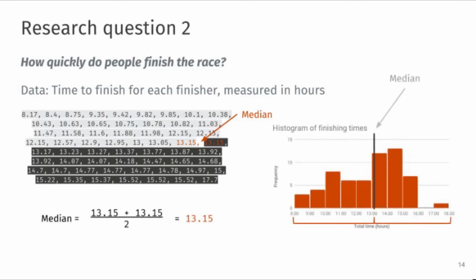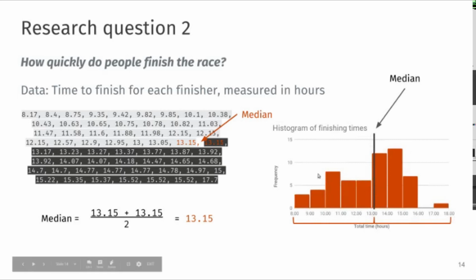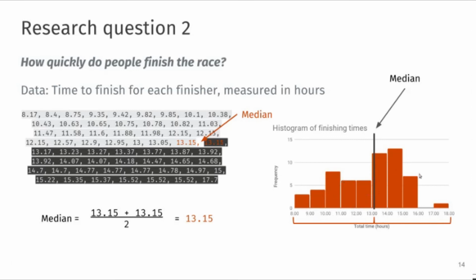And what we can do then is indicate using this grouped frequency distribution here, the histogram, the median would fall roughly there. So here's the bottom half of the data, the fastest finishing times, and here are the upper half, the slowest finishing times.